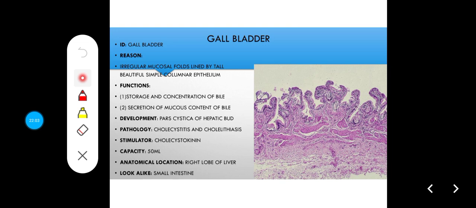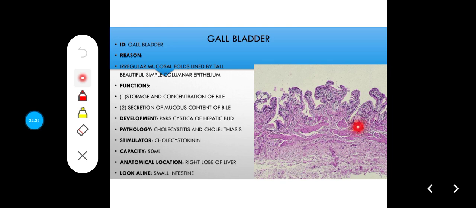The next difference is that the gallbladder is covered by a fibromuscular coat. These are bundles of muscles which are disordered, so you can't find the well-patterned arrangement of the muscle layers, inner circular and outer longitudinal, as seen in the small intestine.